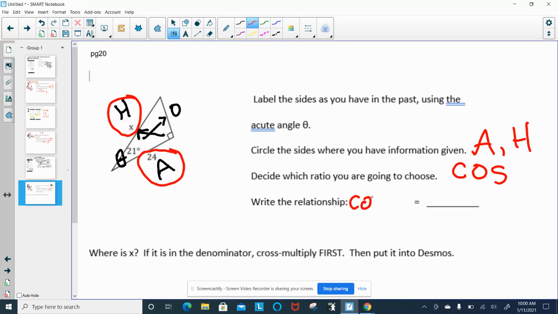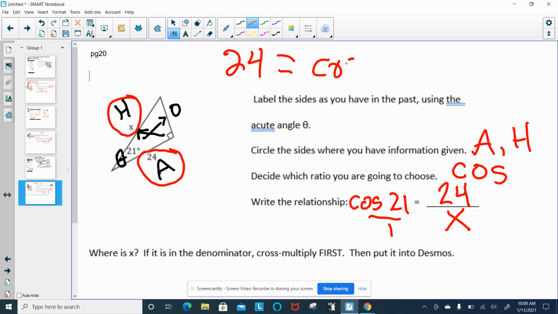So we'll have cosine of 21. So again, we would have to cross multiply. 24 times 1 equals cosine of 21 times x. And we'll put that in the calculator when we come back together. Just wanted you to see how that works.